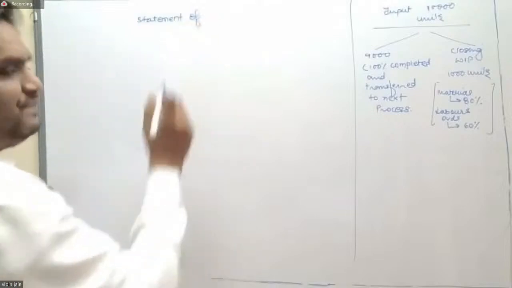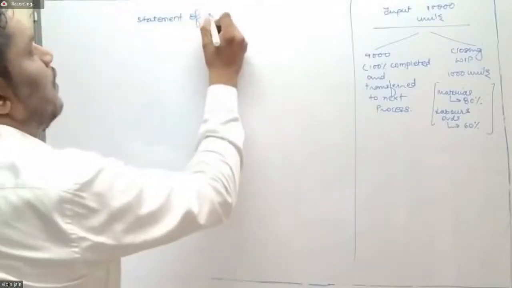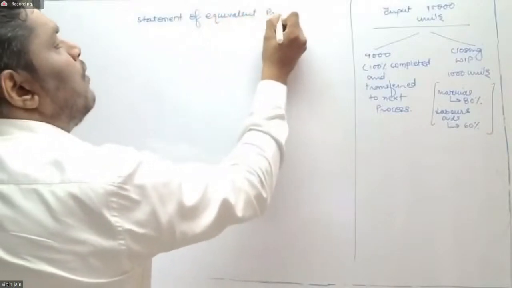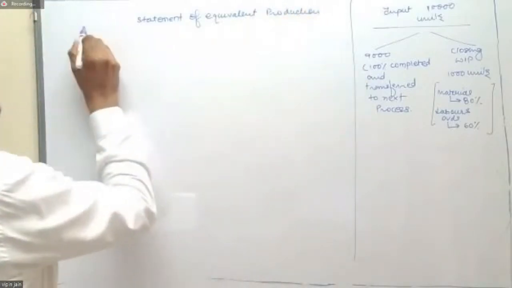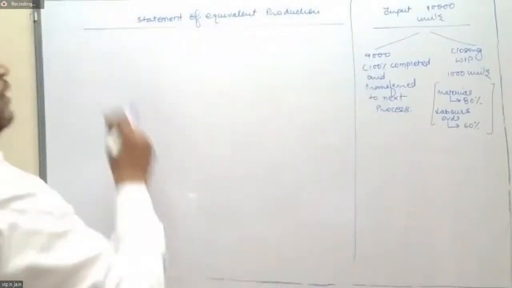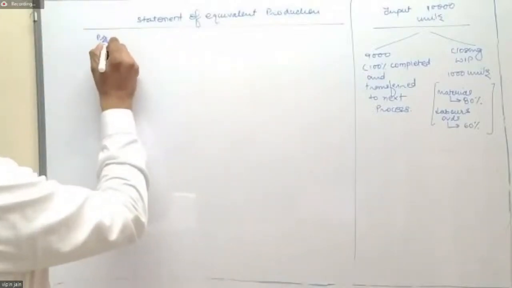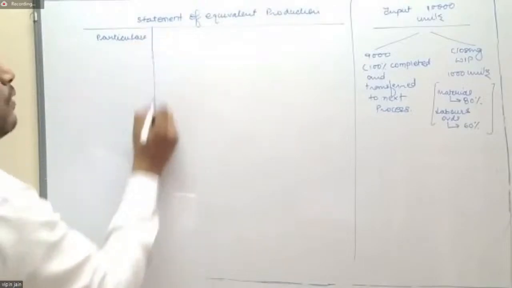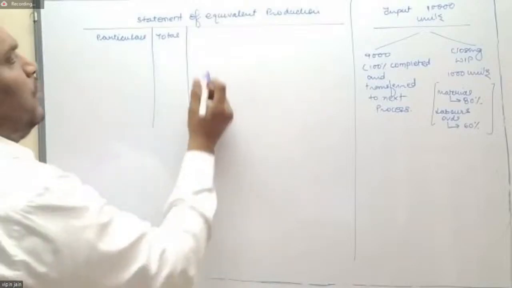Statement of equivalent units. So particulars is the first column. Total.